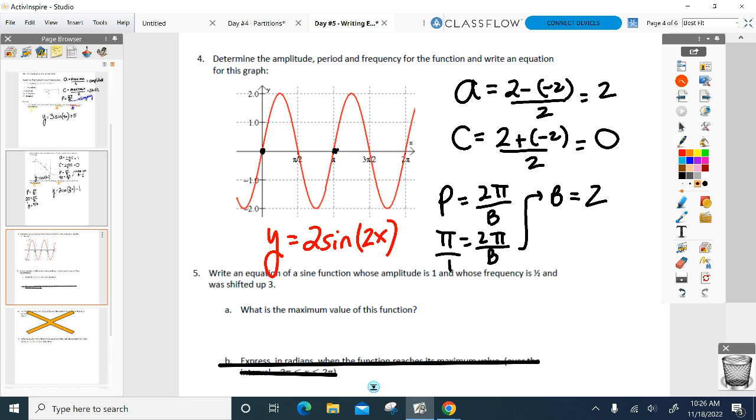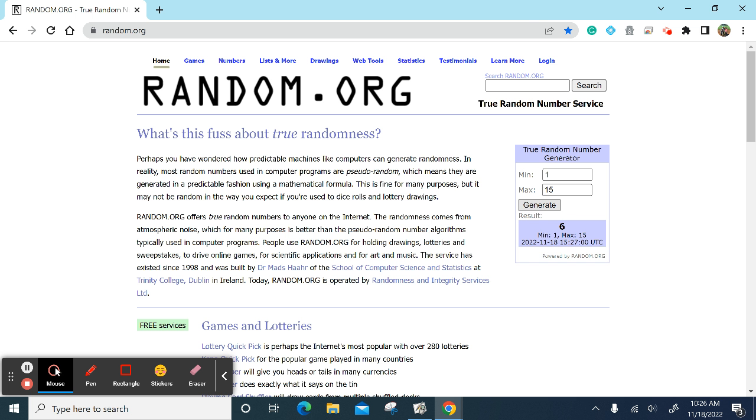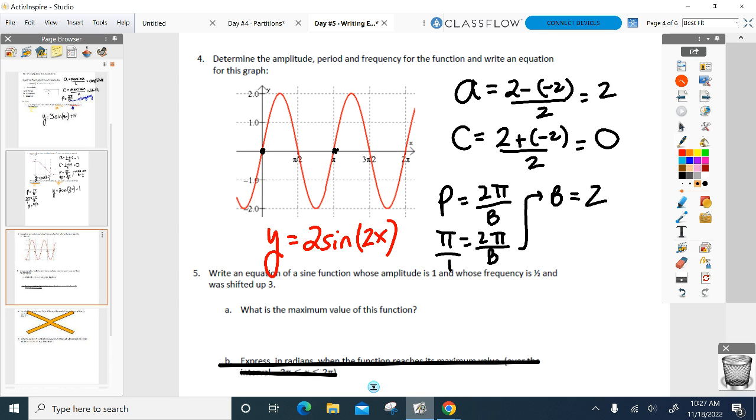What's your equation for this one? Y equals 1 sine parentheses 1/2 x plus 3. Yep.